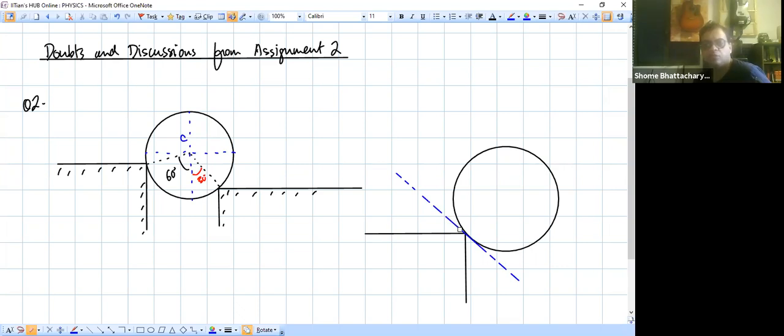So normal to it or perpendicular to it means that it will be radial or towards the center. Okay, so this is the plane of contact at this contact point over here. So the normal reaction contact force at a corner like this will be perpendicular to this plane.